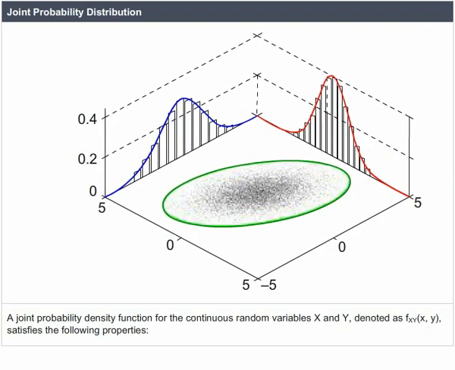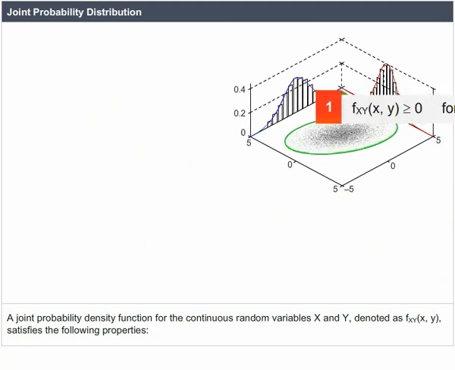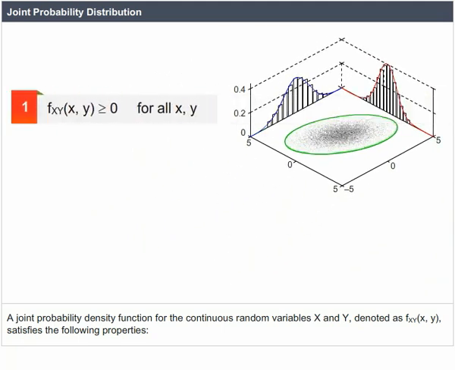Joint probability distribution. A joint probability density function for the continuous random variables X and Y, denoted as f(x, y), satisfies the following properties. Number 1: f(x, y) is greater than or equal to 0 for all x and y.